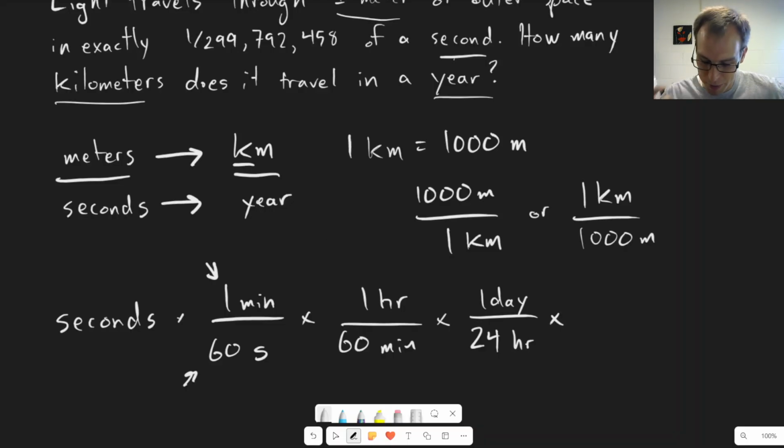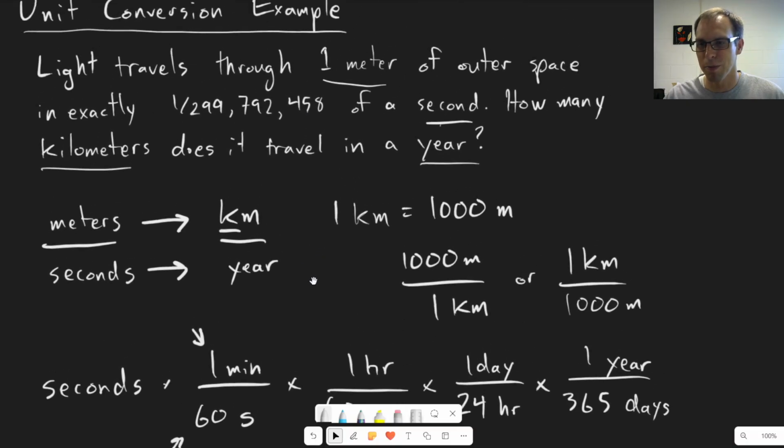And then we're almost there because I know that there are 365 days in 1 year. Whatever value we have in seconds, if we multiply it by these numbers, we will get the same value, but now in years instead of in seconds. So we've got our unit conversions here, but now we need to come back to what information we were given in the question.